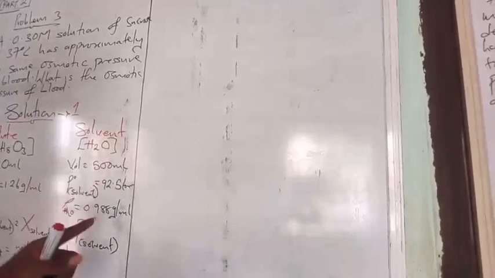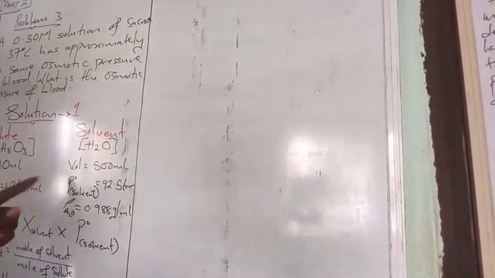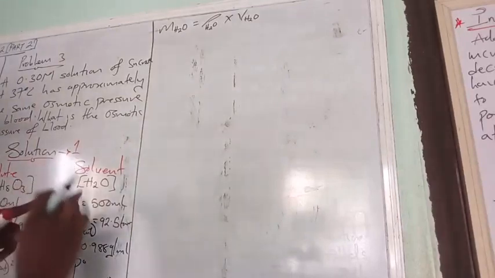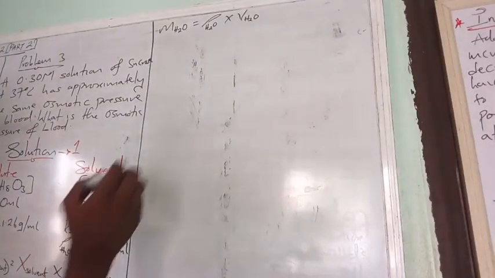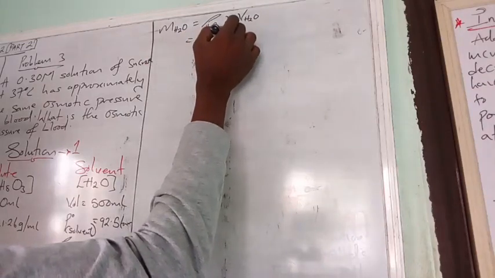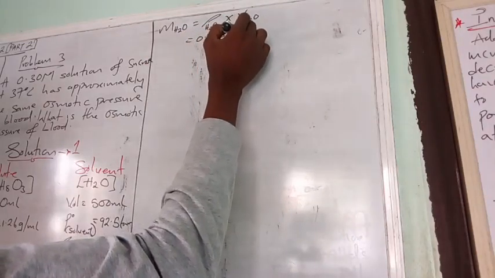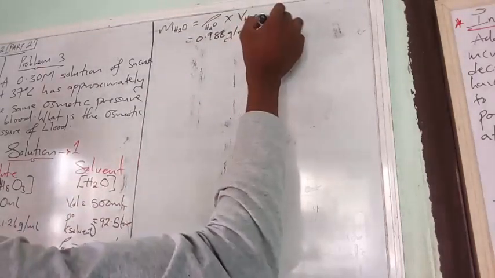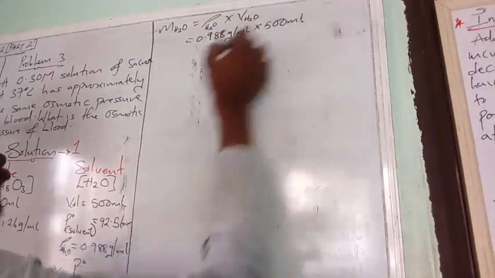You can see here that the density of water was given to us as 0.988 gram per mL, times the volume of water given, which was 500 mL. If you check, 500 mL.